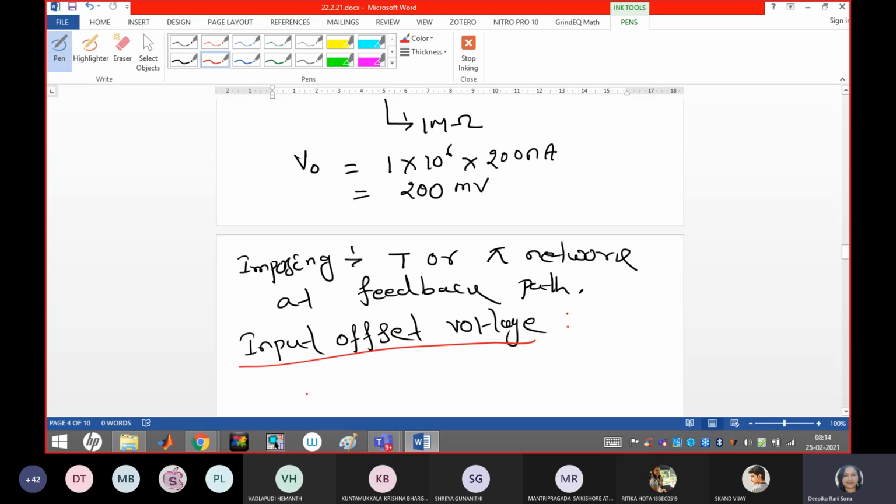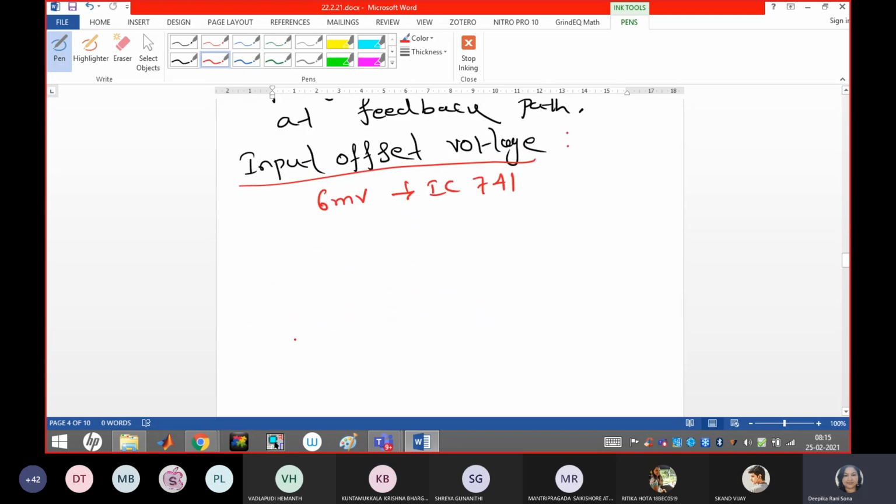So we have to consider the absolute value for this. So what is the datasheet value for this input offset voltage? It is 6 millivolt for IC 741. VIOS. Now, how do we observe this, guys?